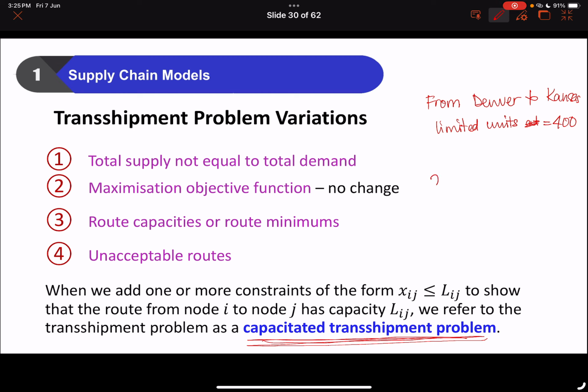So that means you have to add on, Denver to Kansas City, x13 must be less than or equal to 400. So if you have this, then this becomes a capacitated transshipment problem. We put a limit on the number of units that can be shipped between routes. This becomes a capacitated transshipment problem.